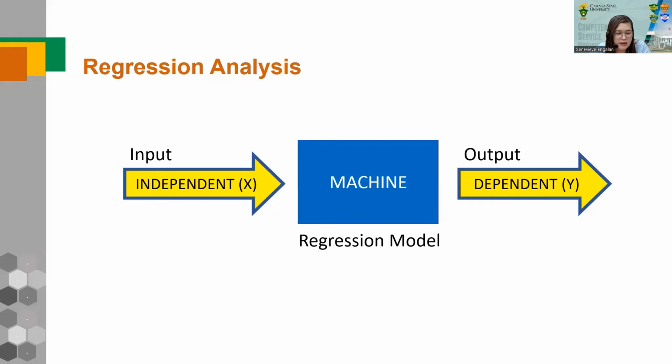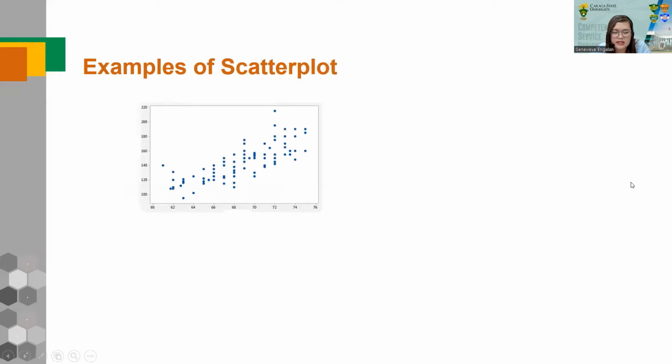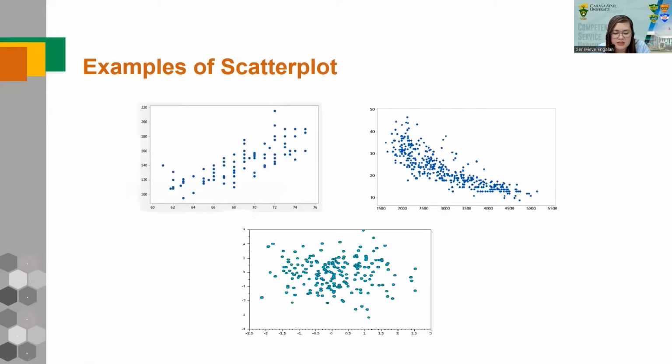So before ta mag-analyze, usually, especially statisticians, tanawon nila ang graph. No? So we call this a scatter plot. These are scatter plots. As you can see, for this one, mao na siya ang iyahang set of data. Okay.